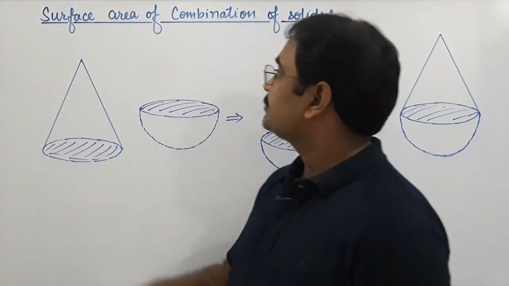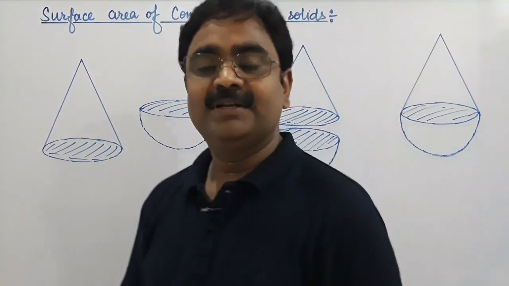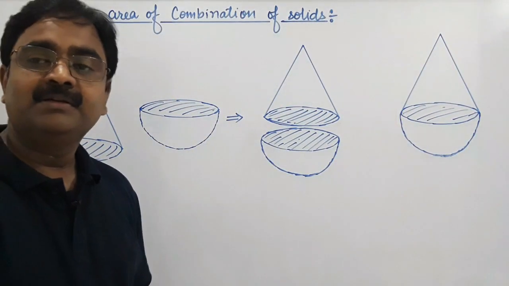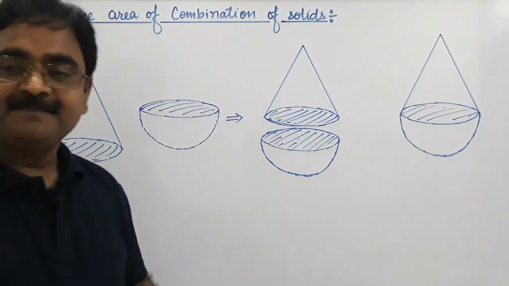See another example of surface areas of combination of solids. In this example we are going to make a toy with the help of a cone and a hemisphere.